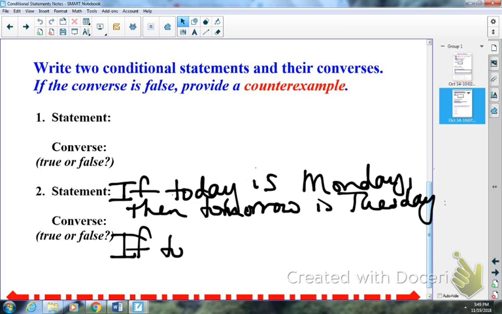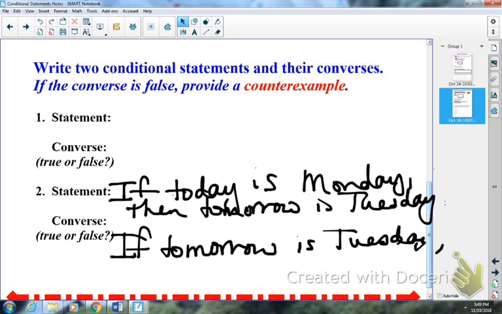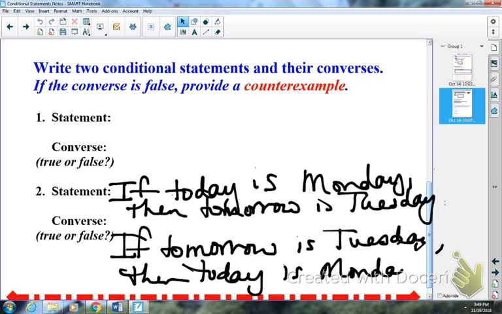So I would say, if tomorrow is Tuesday, then today is Monday. Well, if you think about that one, if tomorrow is Tuesday, is today going to be any day other than Monday? Nope. So this one is a true statement. So again, sometimes they're true, sometimes they're false. There's not one set way either direction. Okay, and that is the basics of conditional statements.